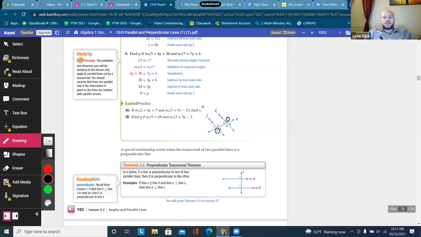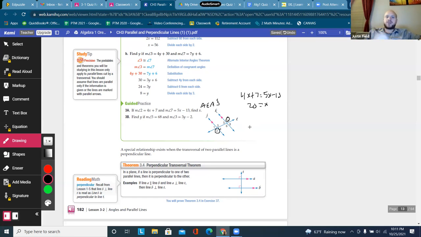Of course, the AEAs. I know that alternate exterior angles are congruent, so we're going to just set them equal and then solve that. Oh, it's 20.